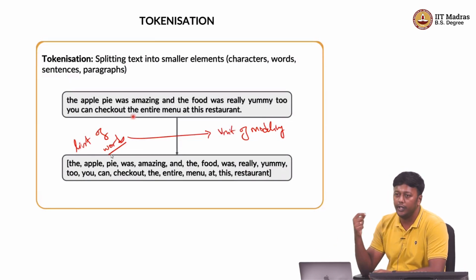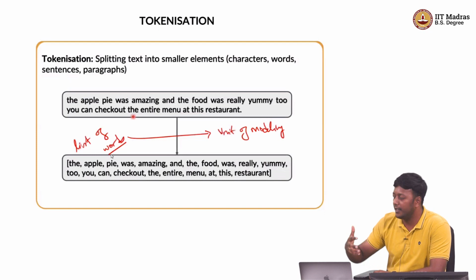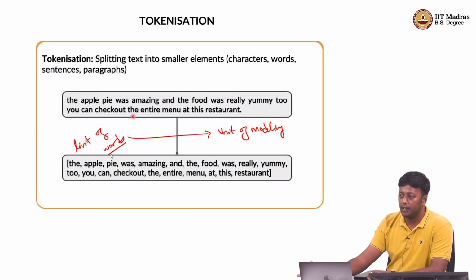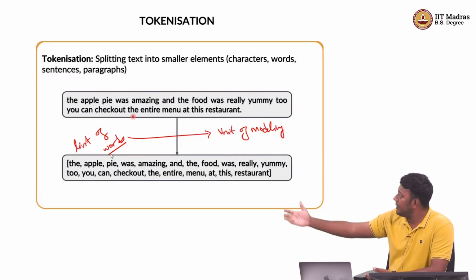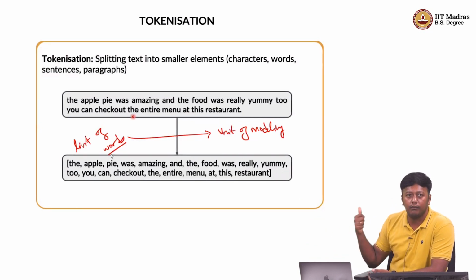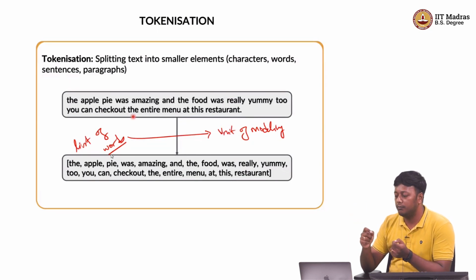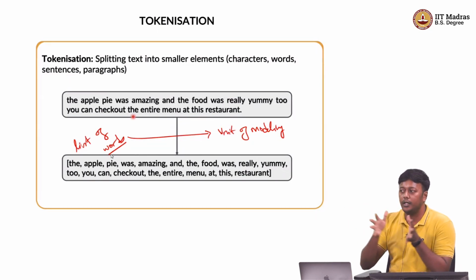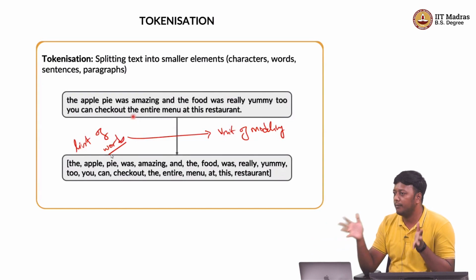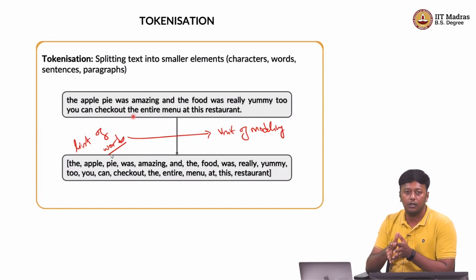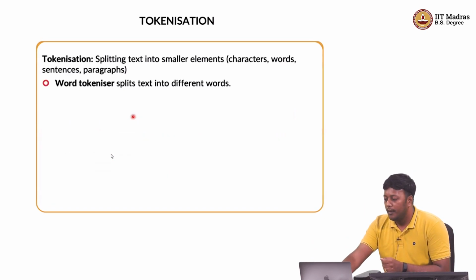What is the unit at which you are going to build that table I'm talking about? Sometimes the table itself can be at the document level, or word level, or character level, right? In this example, it is word level. So I have basically split the text into words, because I'm going to model at the word level in this case, right?